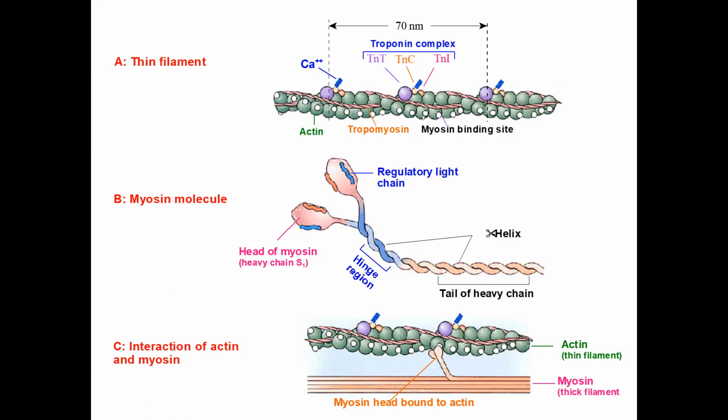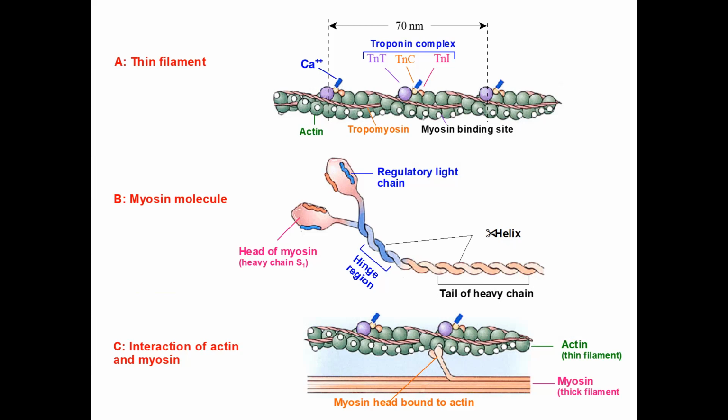And has also the ATPase activity. So that after ATP binds there, it will be hydrolyzed by ATPase activity of the head. Okay? One site to bind with actin, another site to bind ATP.